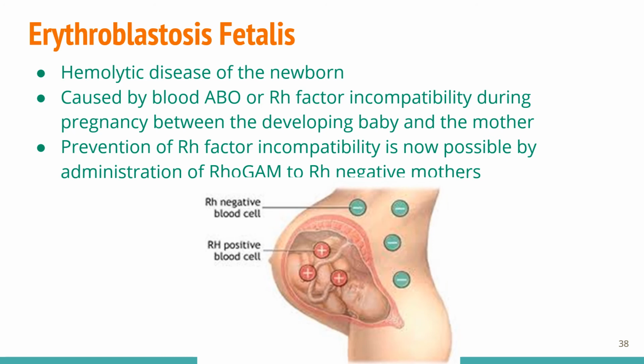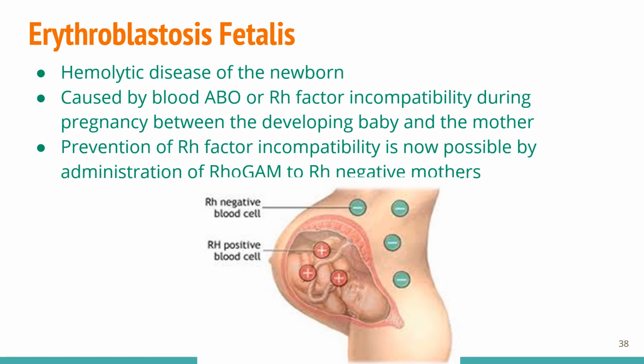So again, there's an incompatibility going on here with the Rh factor. The maternal antibodies are fighting against the foreign, which is really the fetal red blood cells, or the Rh factor, because it can cross the placenta and enters the fetal circulation and basically destroys the unborn baby's red blood cells.